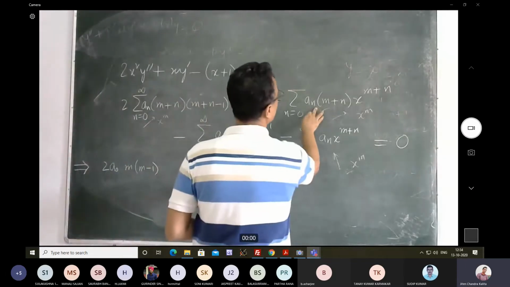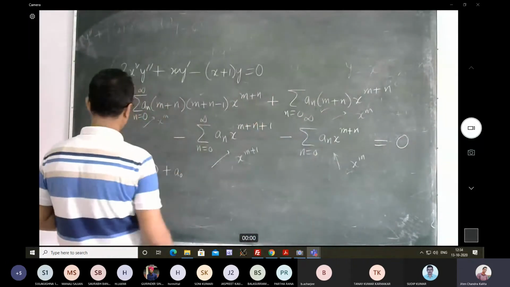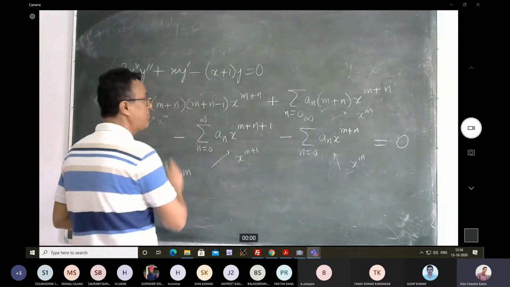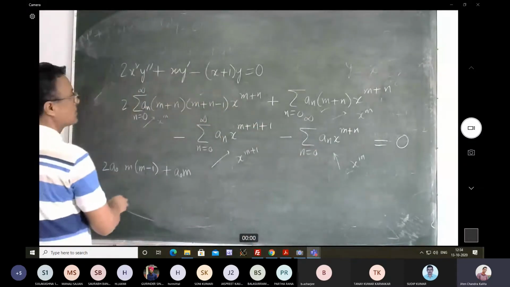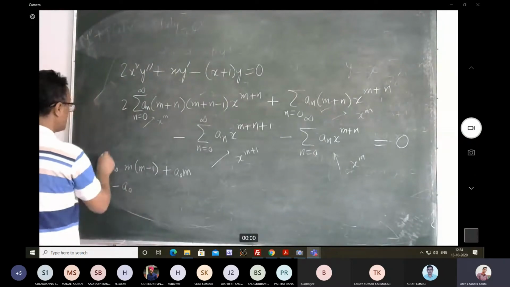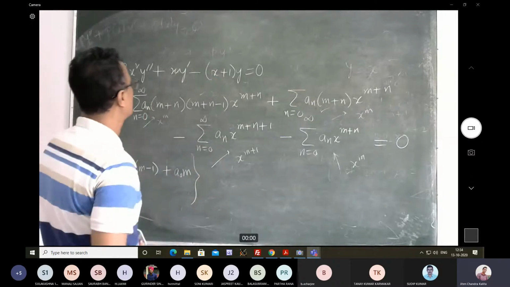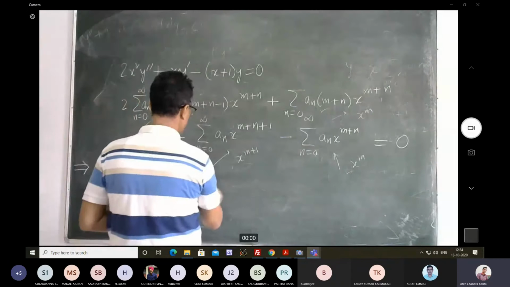And for this one, the first term is going to be a naught and simply m. And from here, the first term is simply minus a naught. Fine. So then this series is going to start from n equal to 1.